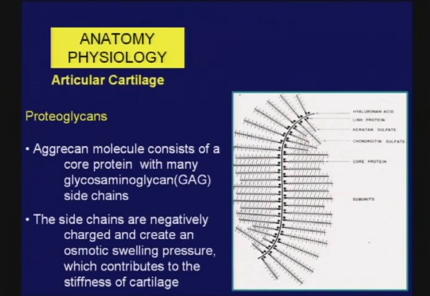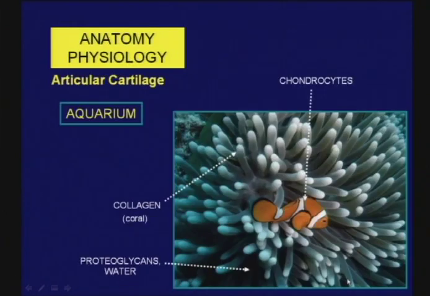They have a core protein, glycosaminoglycan, often abbreviated GAG, that exist in these long, complicated side chains that are shown very nicely in this drawing. These side chains are charged negatively, and because of that, apparently create an osmotic pressure that becomes very important in the function of articular cartilage.